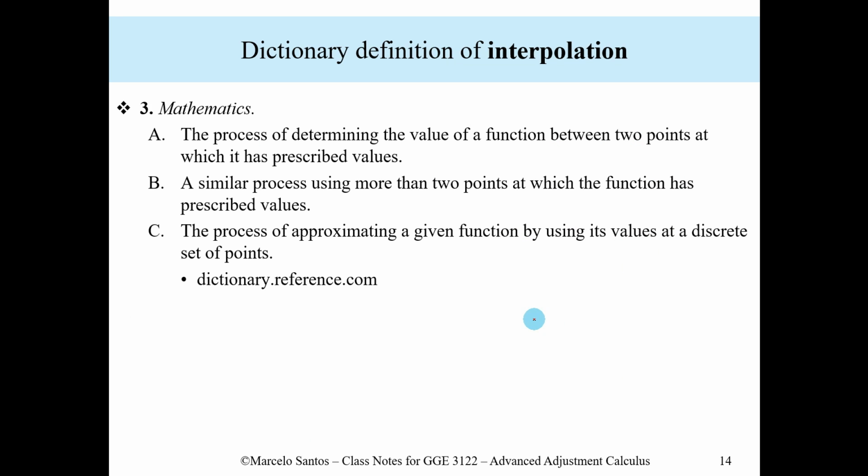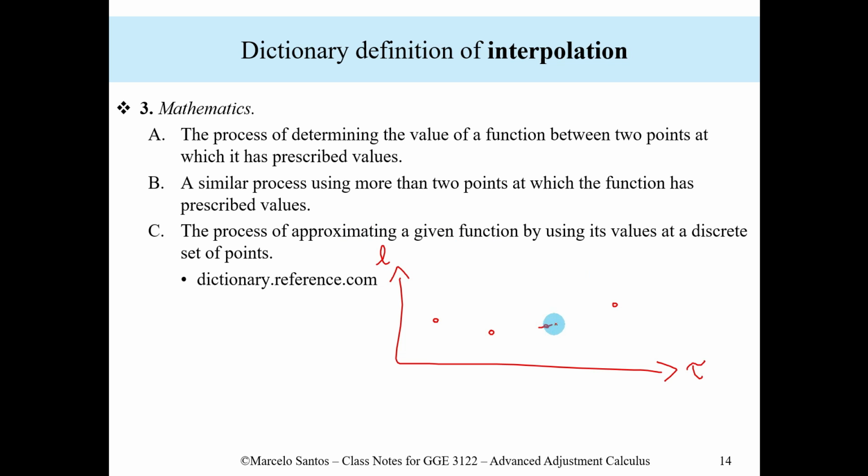Now, interpolation. Let me present a definition that should broaden your understanding of interpolation. Interpolation is a process of determining, so let's suppose we have these sample points here, the value of a function between 2 points at which it has prescribed values.